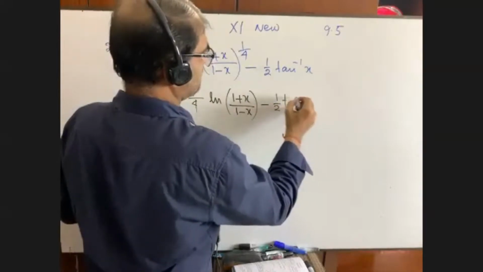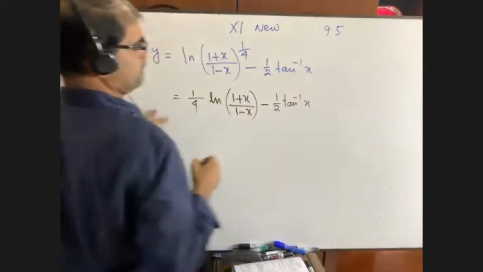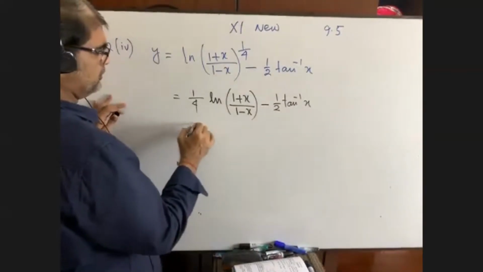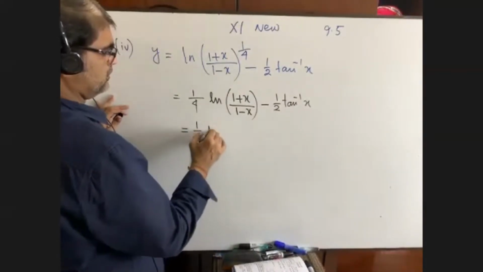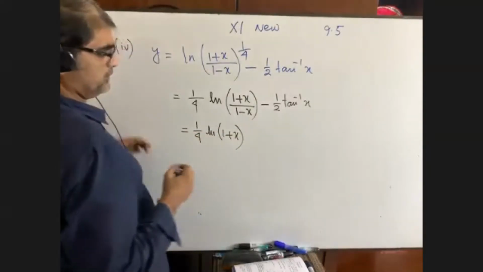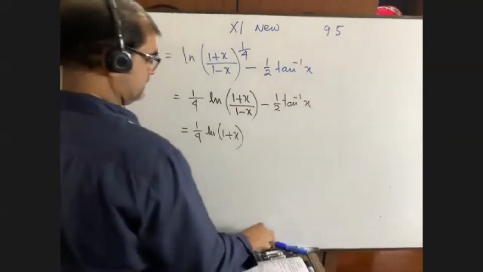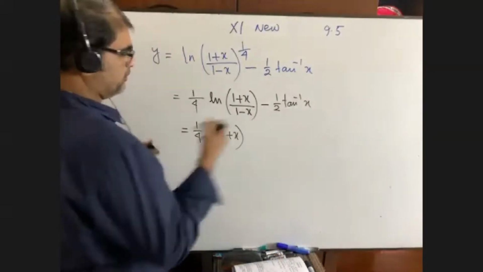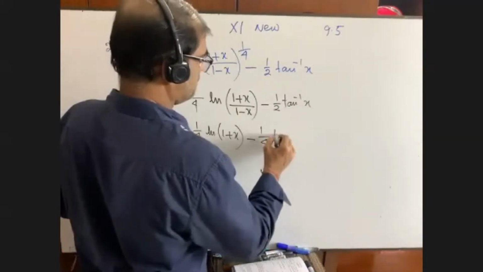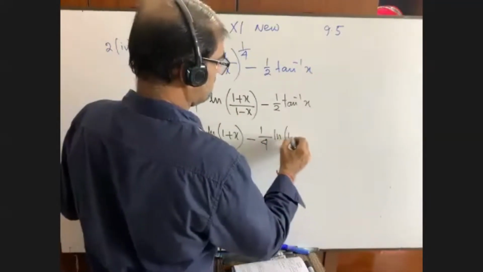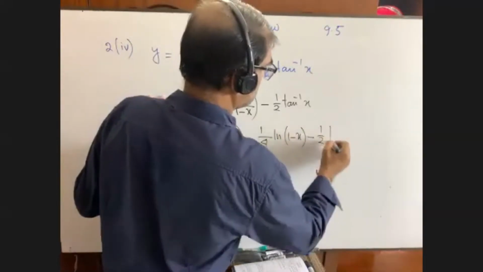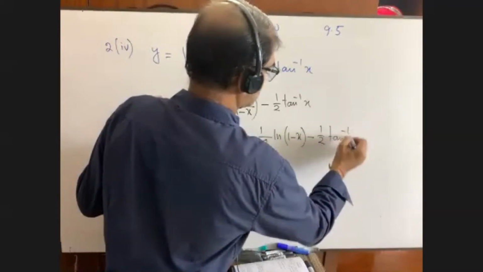Now I think you can do it. It becomes 1 by 4 ln 1 plus x, then minus 1 by 4 ln 1 minus x, minus half tan inverse x.